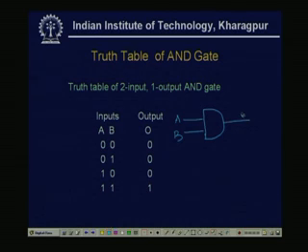That means if A equals 0 and B equals 0, what will be the value? That means both the switches are disconnected. So, the output will be 0.